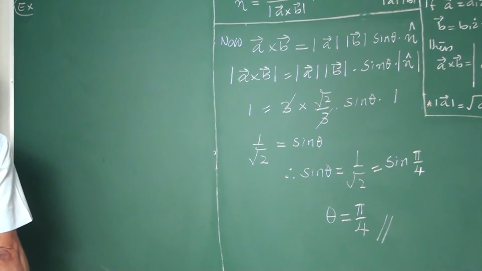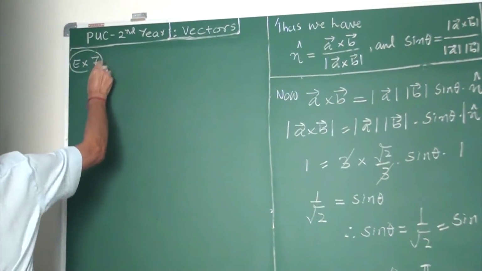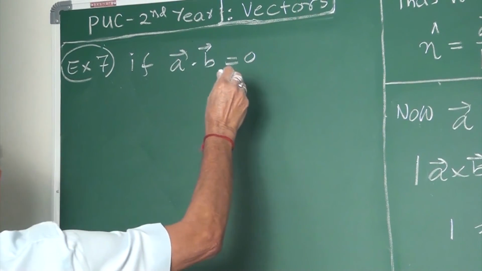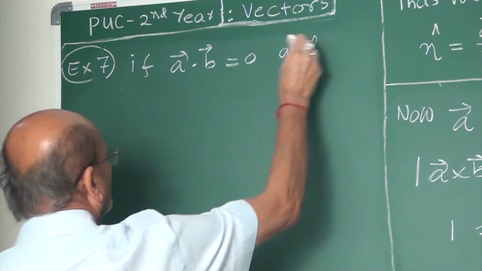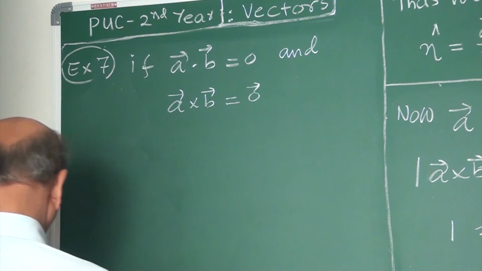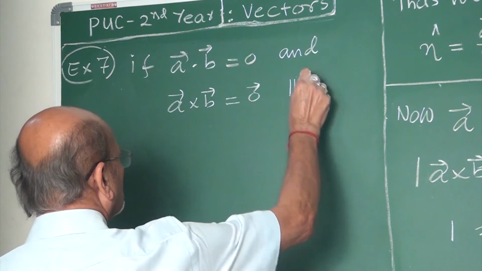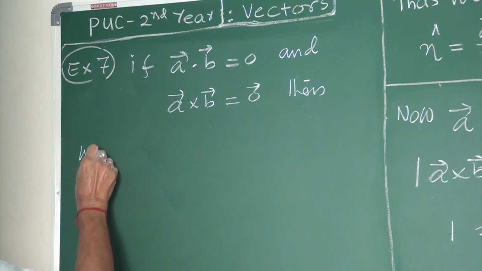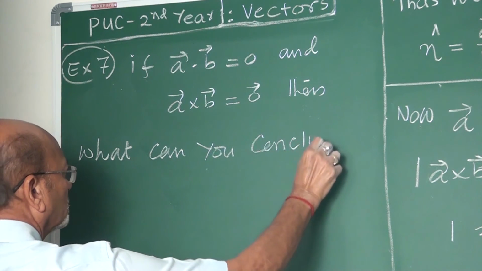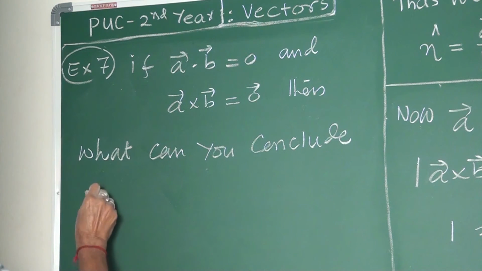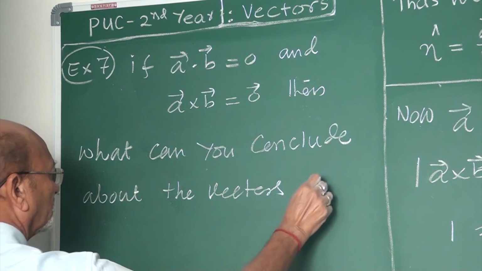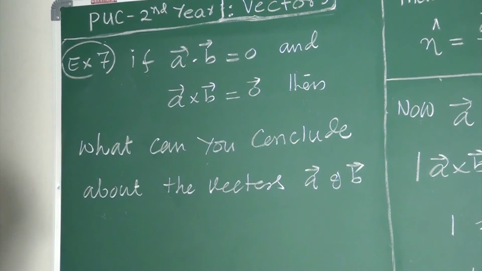If A dot B equal to 0 and A cross B is 0 vector, then what can you conclude about the vectors A and B?